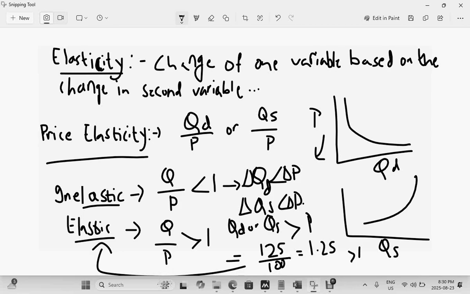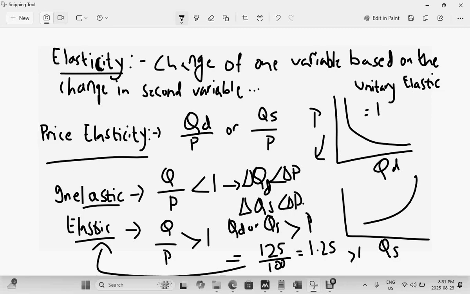Apart from that, you also have unitary elastic. What exactly is unitary elastic? When it comes to unitary elastic, this basically means that the ratio is equal to 1.